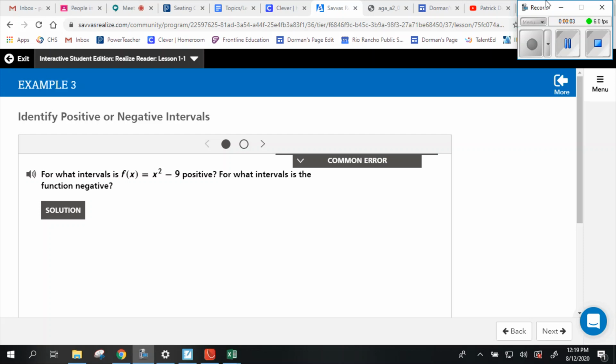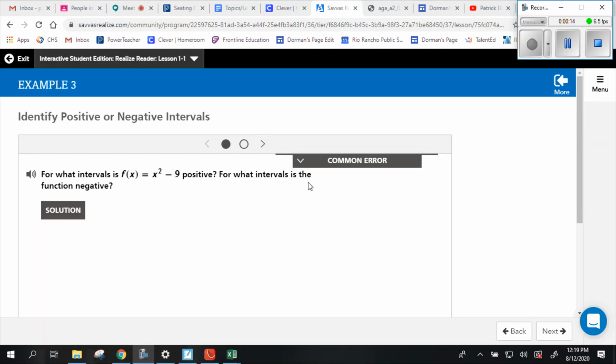All right, so next thing we're going to do is identify positive and negative intervals, particularly for this function f of x equals x squared minus 9. What does it mean for an interval to be positive or an interval to be negative? Well, it just means that our y values are either positive or negative, right?